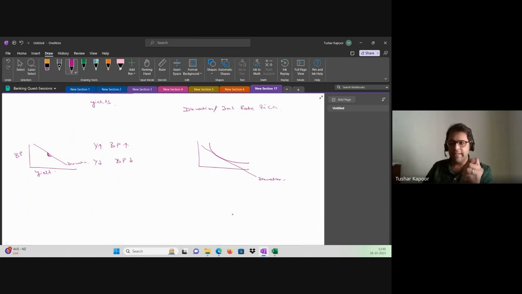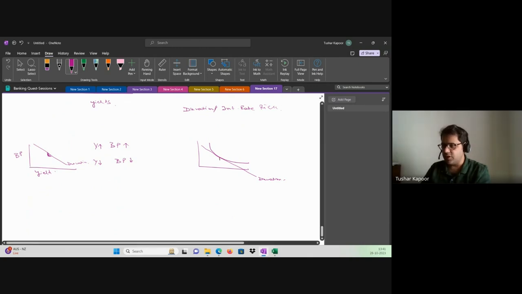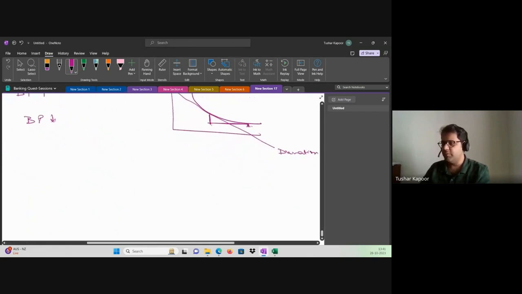For a small change in yield, the duration number can capture everything accurately, or as close to accurate as needed, so you don't need to use too much of a mind. But when the interest rate changes are large enough, like in this case, this is the change that happened. Let's elaborate on it.